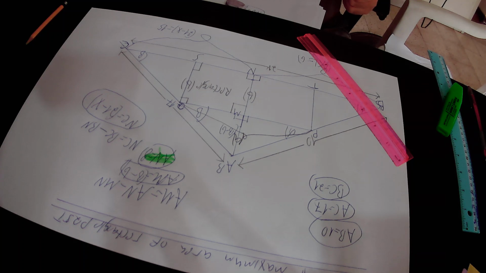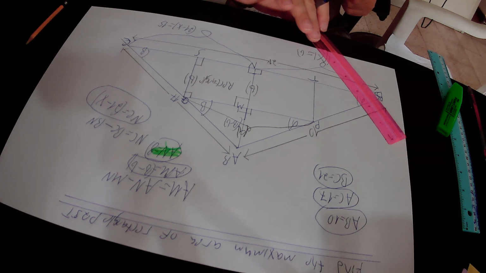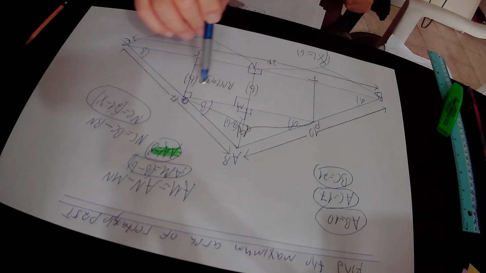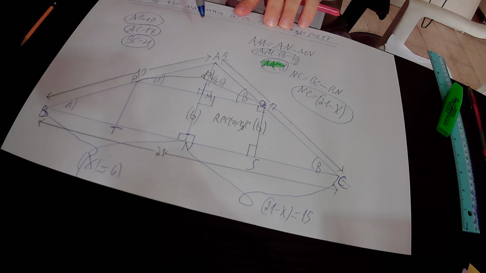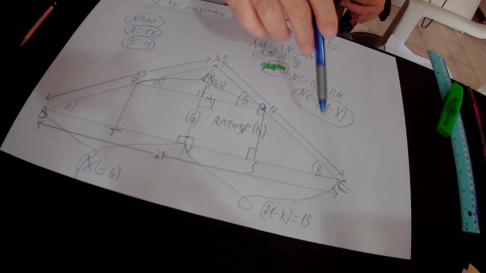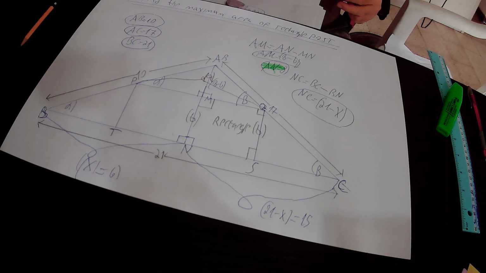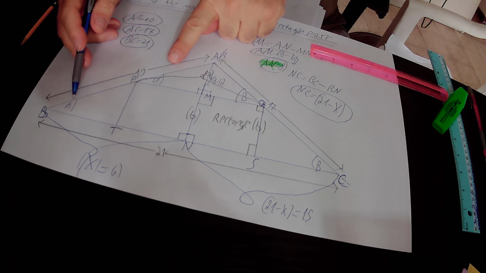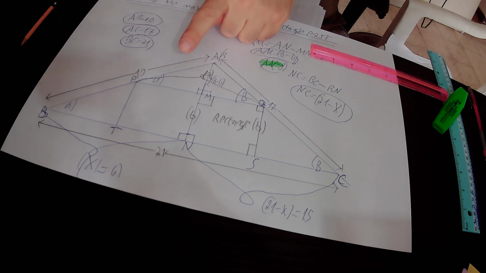In the next step, we prove that the small triangle APQ is similar to the big triangle ABC. Why are those two triangles similar? First of all, those two angles are both equal to alpha.